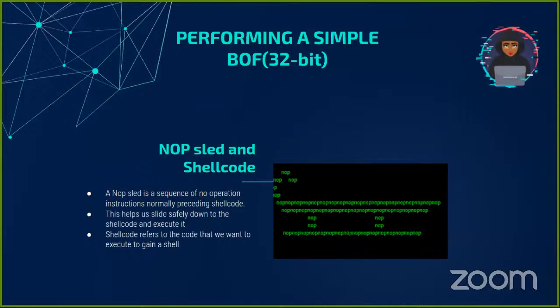So if we have maybe 5 NOPs and then we have our shellcode, when execution encounters the NOP sled, it slides down the NOP sled and reaches our shellcode. That's what the NOP sled does. Shellcode is the code that you want to execute to gain a shell.